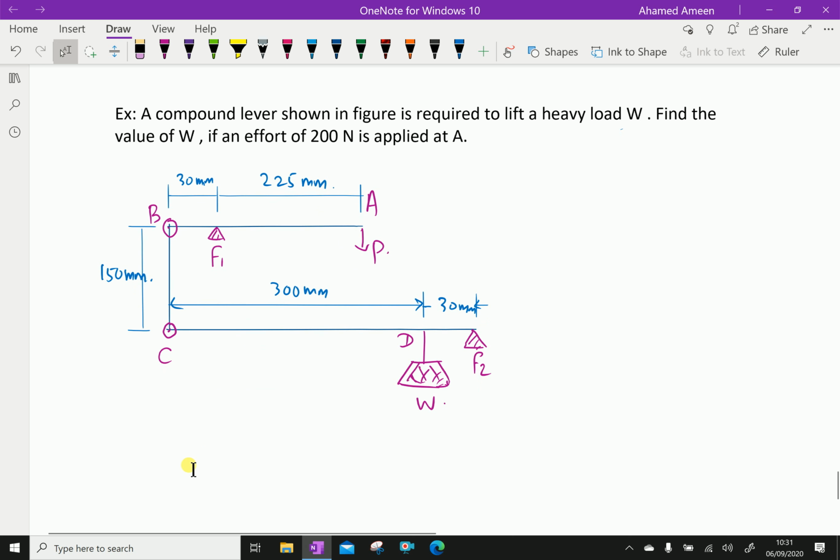Next problem. A compound lever shown in the figure is required to lift a heavy load W. Find the value of W if an effort of 200 Newton is applied at A. This 200 Newton is applied at A. Now, this is a compound lever.